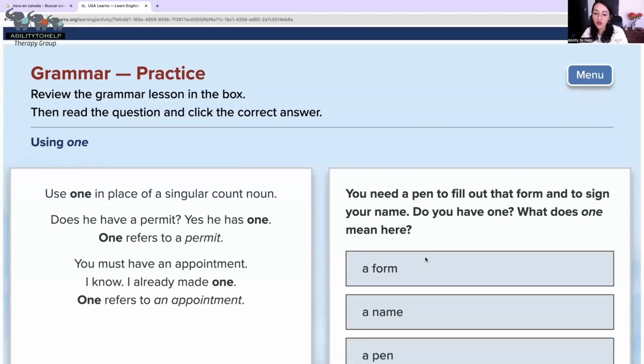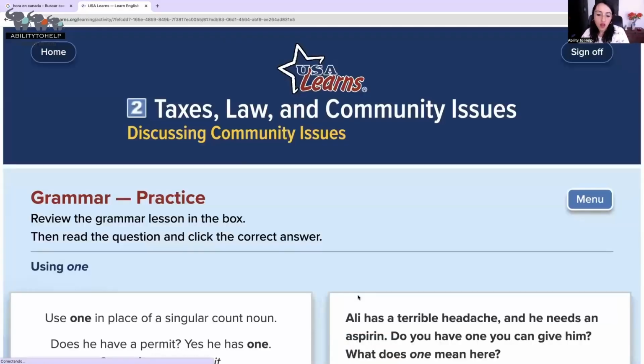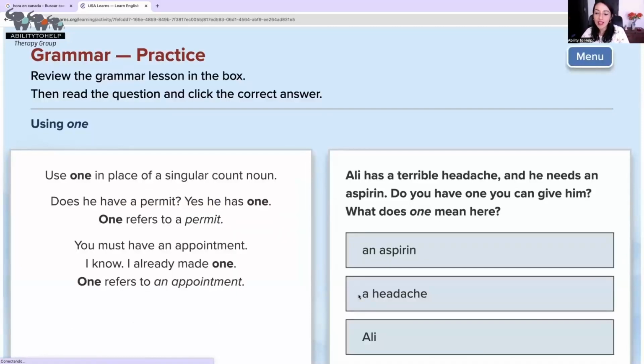You need a pen to fill out that form and to sign your name. Do you have one? One pen, because you need a pen. So you have one of them? Okay. Ali has a terrible headache and he needs an aspirin. Do you have one?